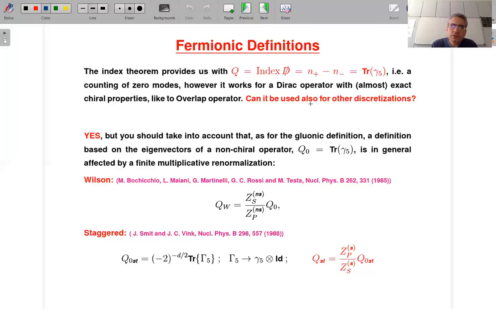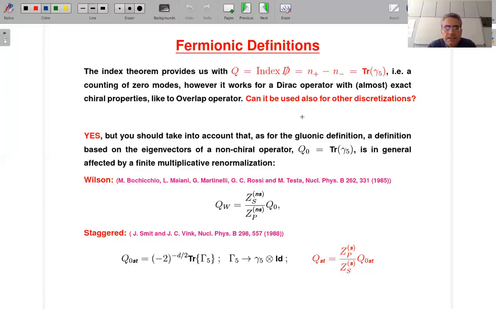So it gives you the best possible chiral properties while avoiding the doubling problem on the lattice. Now, the question is if you can use also other discretizations like that provided by Wilson fermions or staggered fermions, and make use of the index theorem in any case to obtain a definition of the topological charge.